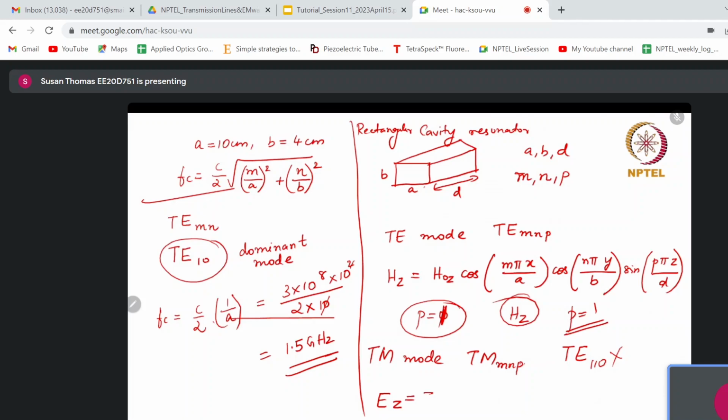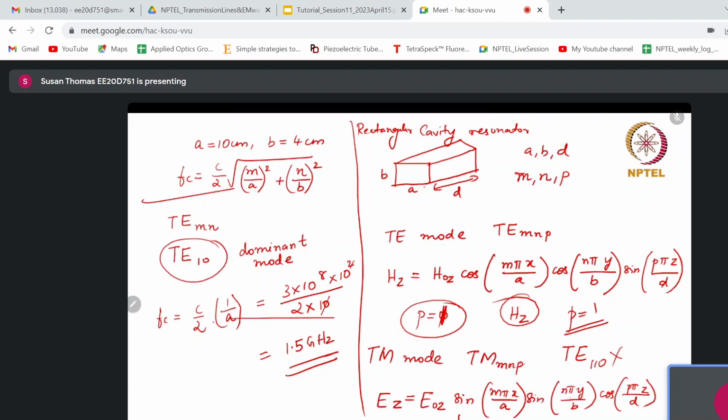EZ equation is E naught Z sine of M pi x by A, sine of N pi y by B, cos of P pi Z by D. In this particular case, M and N should not be 0. M and N have to be 1 at any cost.